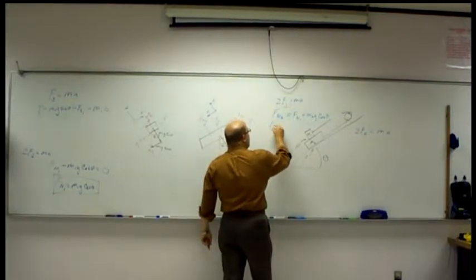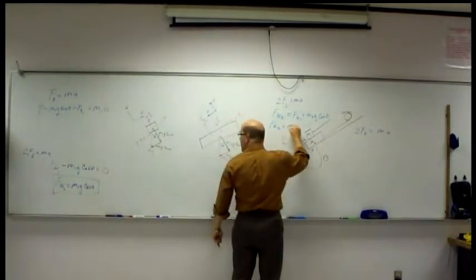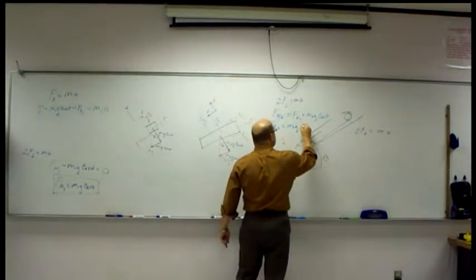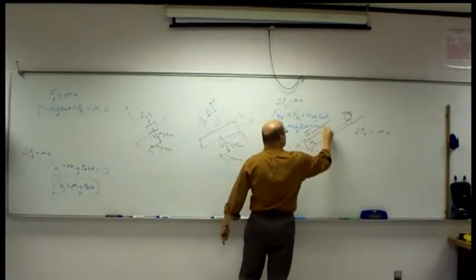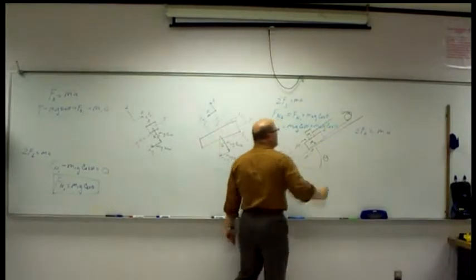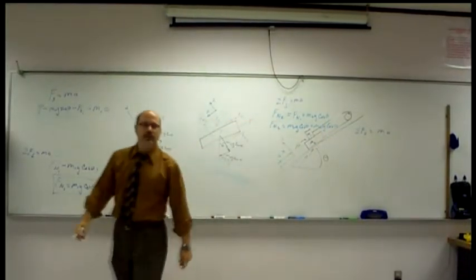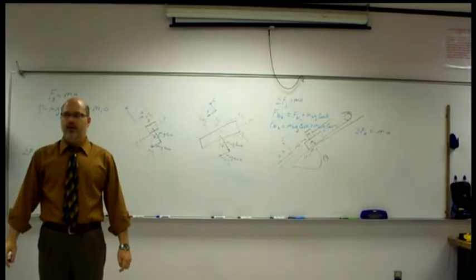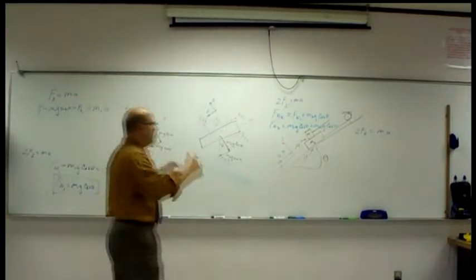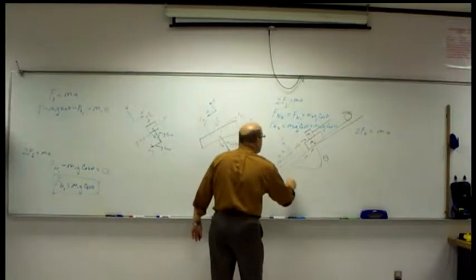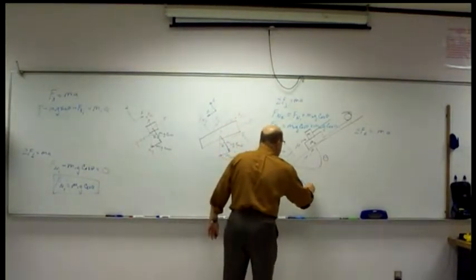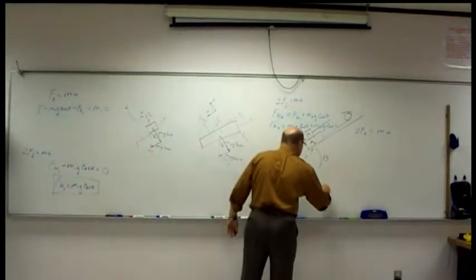we could plug that in right here, and notice what we get then. We get Fn2 equals m1g cosine theta plus m2g cosine theta. What does that mean? We could combine those together, and we would end up with the normal force 2 equals m1 plus m2 times g cosine theta.